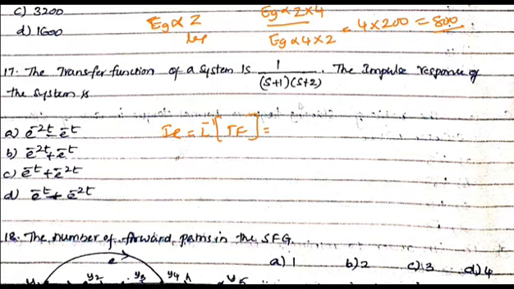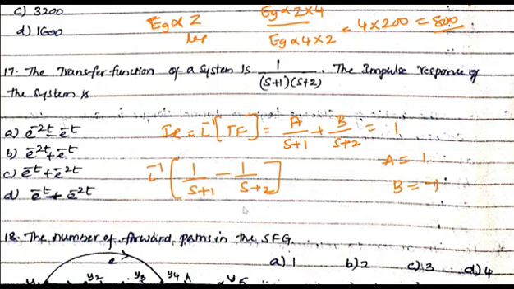Once you do the partial fractions, let me take A by s plus 1 plus B by s plus 2 is equal to 1, and you'll get A is equal to plus 1, B is equal to minus 1. Then applying the inverse Laplace transformation of 1 by s plus 1 minus 1 by s plus 2, you get e power minus t minus e power minus 2t. Answer will be t here.